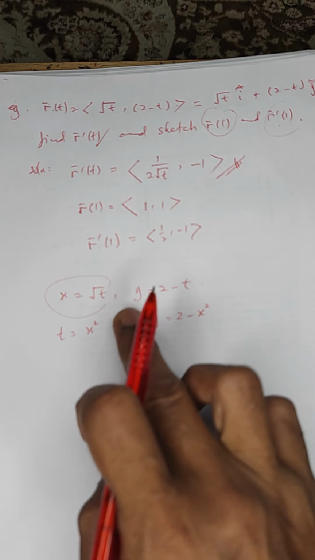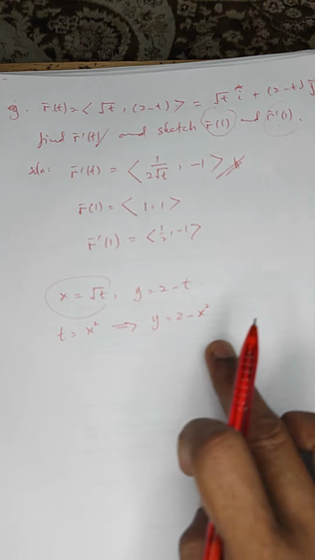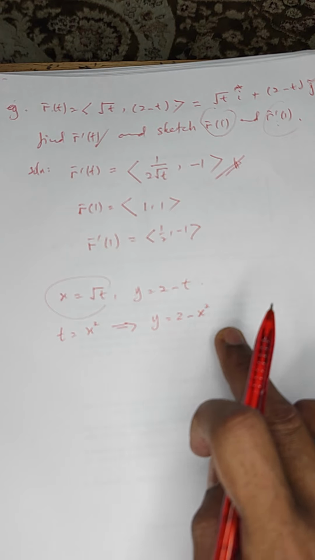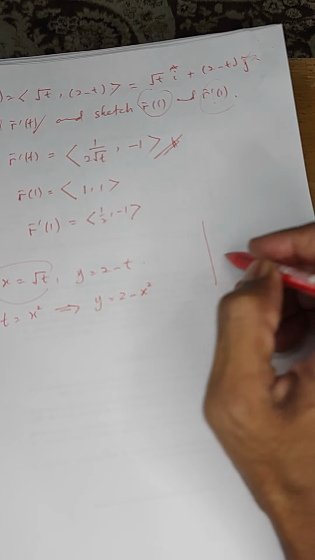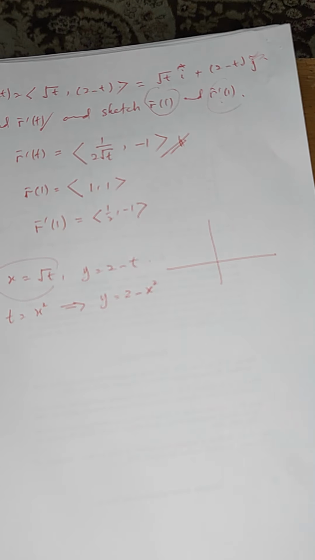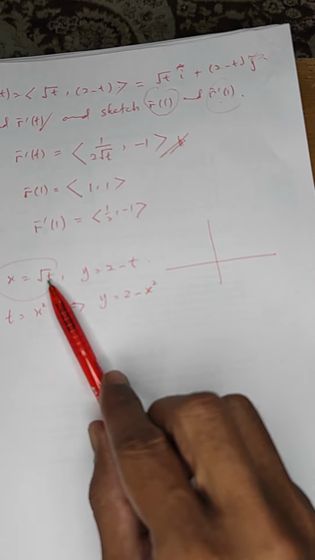From here, at once you can recognize what kind of curve this is. I can plot this much easier than finding the point for each of those.